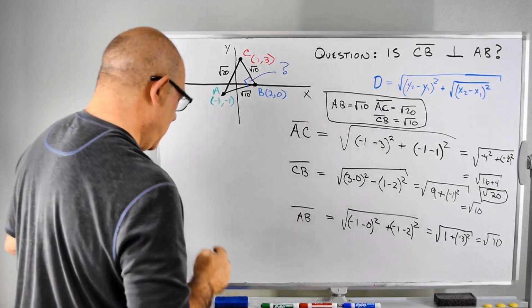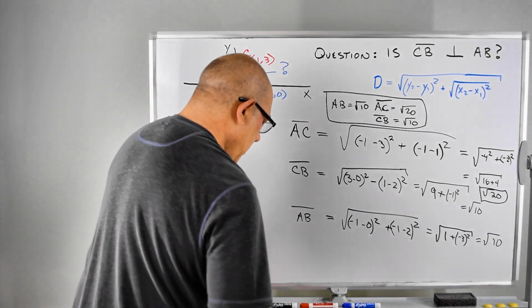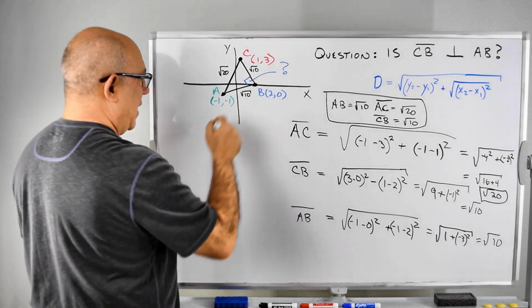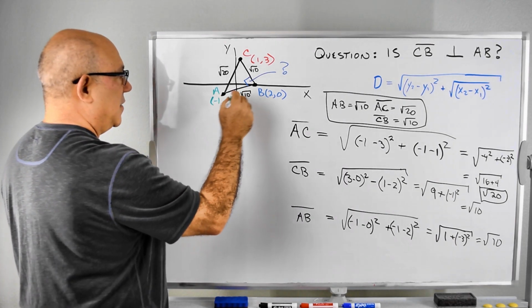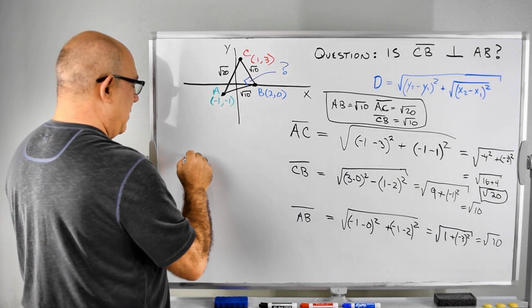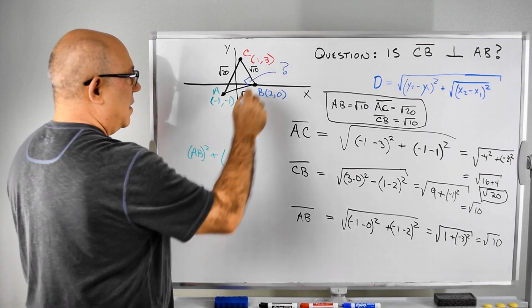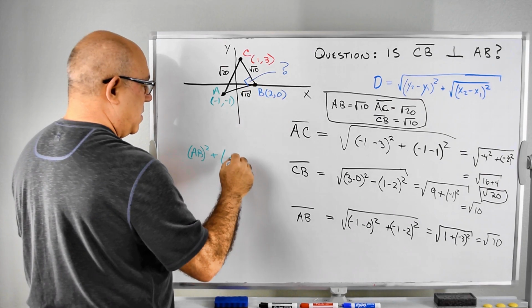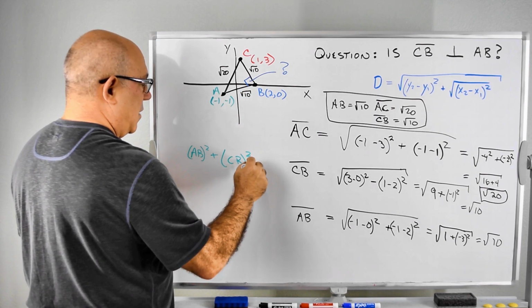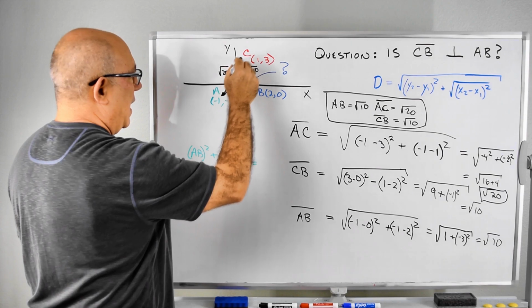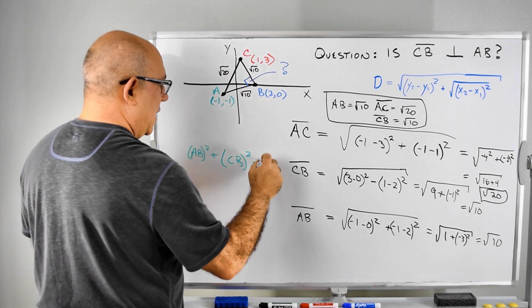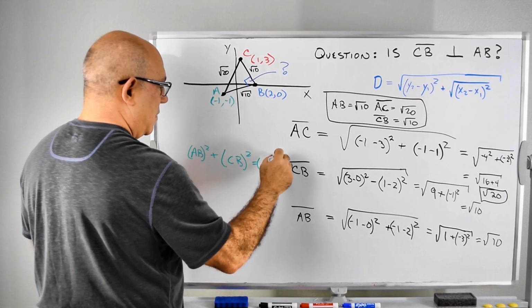Okay, so now let's take the Pythagorean theorem. The Pythagorean theorem says that the square of this, AB, plus CB equals AC squared.